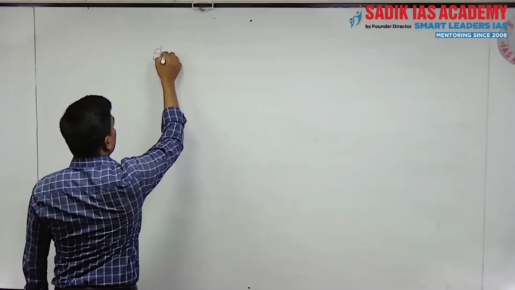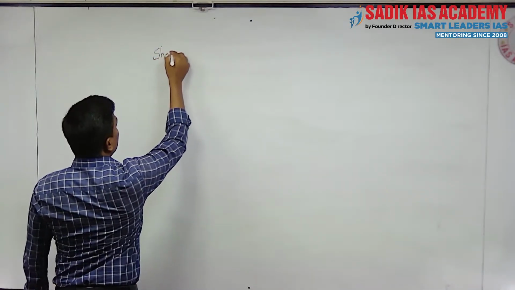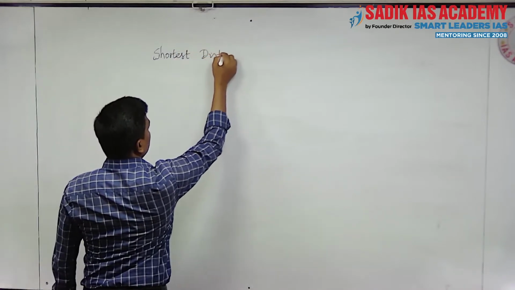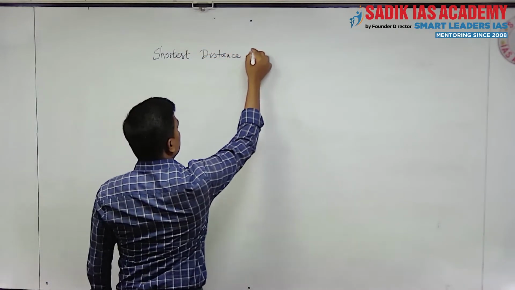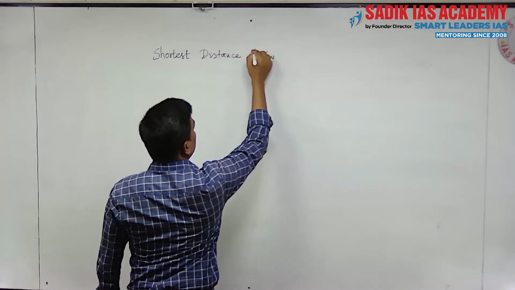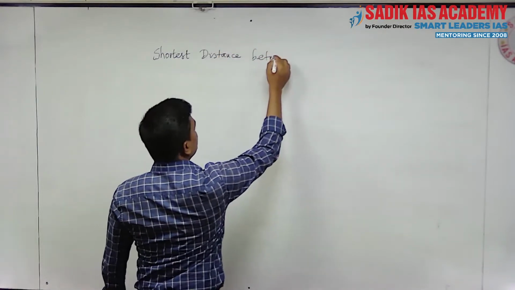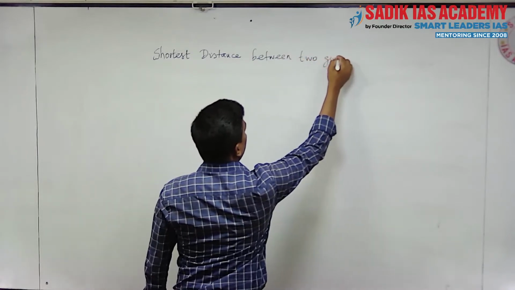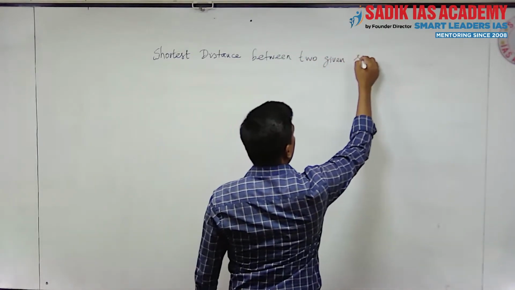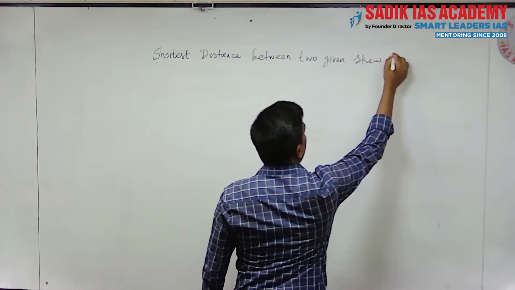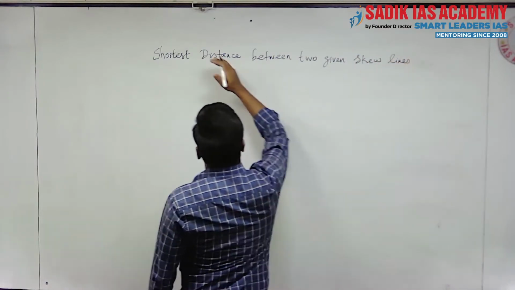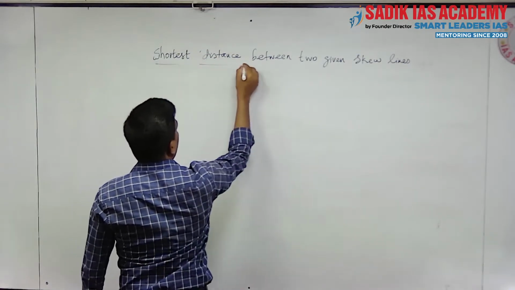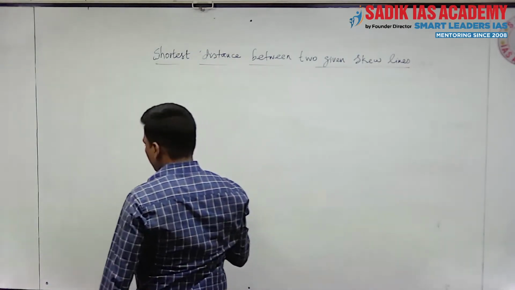Shortest distance between two given skew lines.